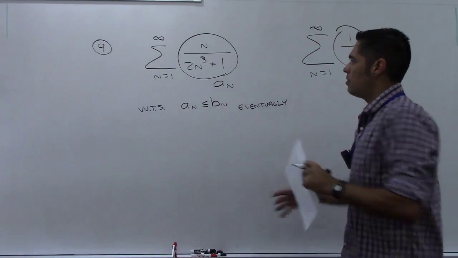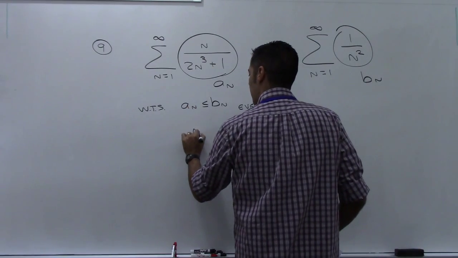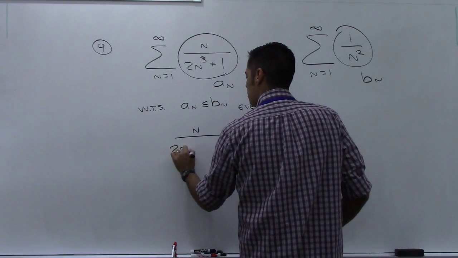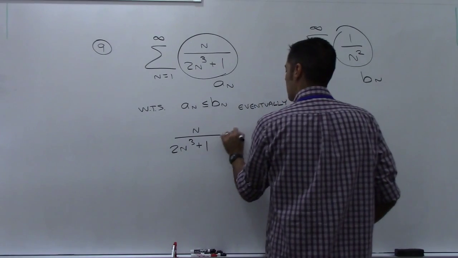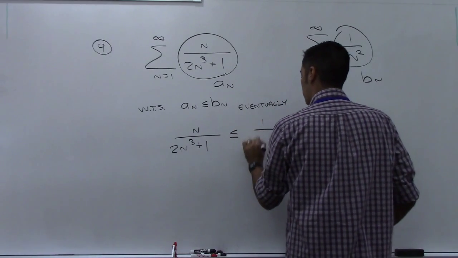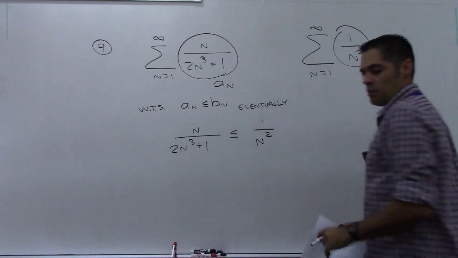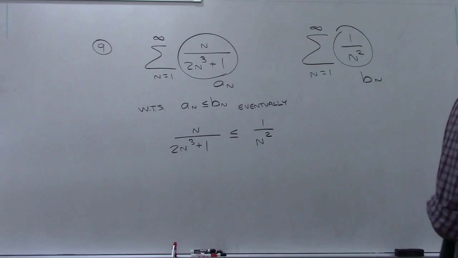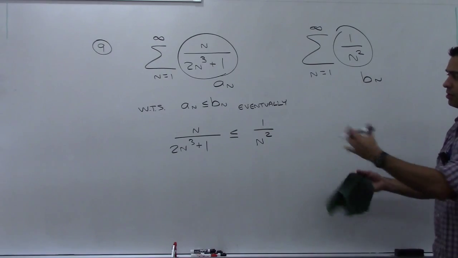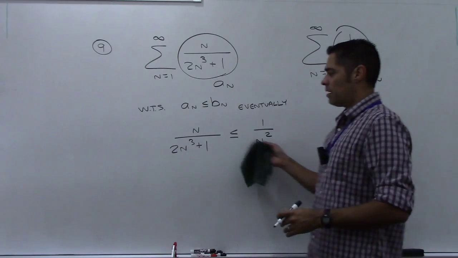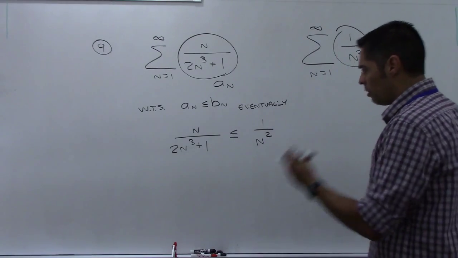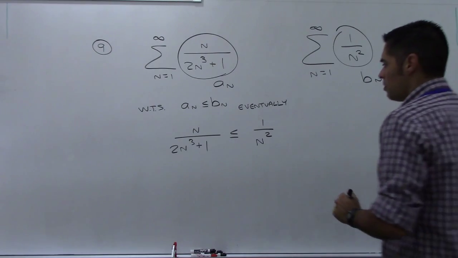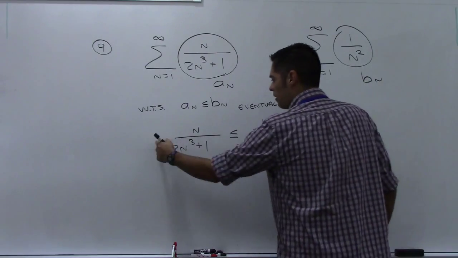I want to show that n over 2n cubed plus 1 is less than or equal to 1 over n squared. So what I'll do is what we did before when we were dealing with monotonic sequences, and that's just use algebra to come up with some nice concrete conclusion that this is always true. So I'll multiply both sides by n squared.